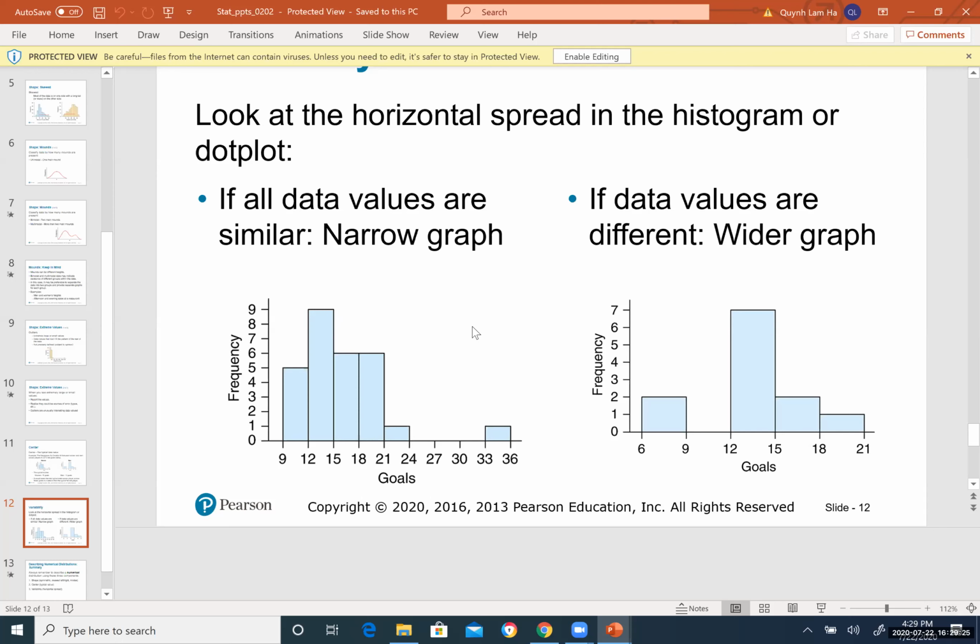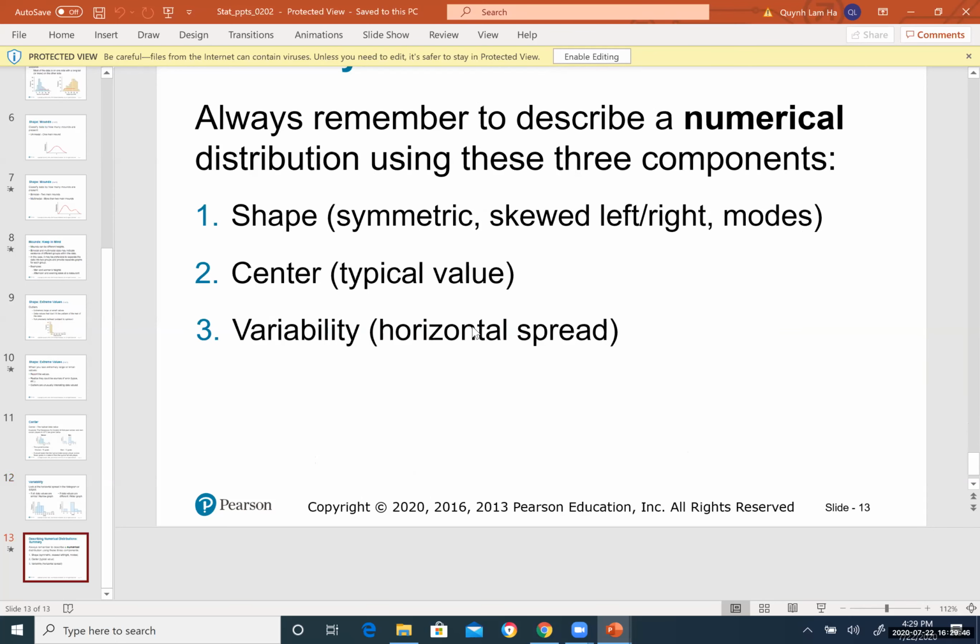However, I would like you to practice back and forth. If all the data values are similar, you get a narrow graph. If the data values are different, they will have a wider graph. So there are two options right there.